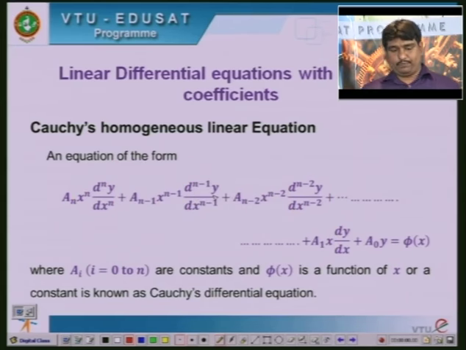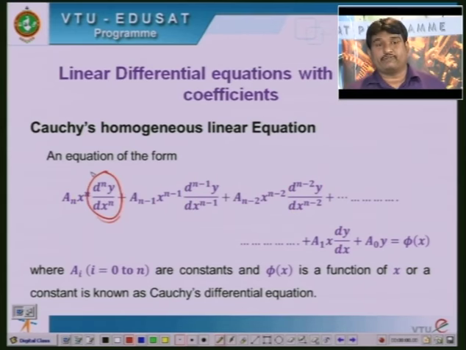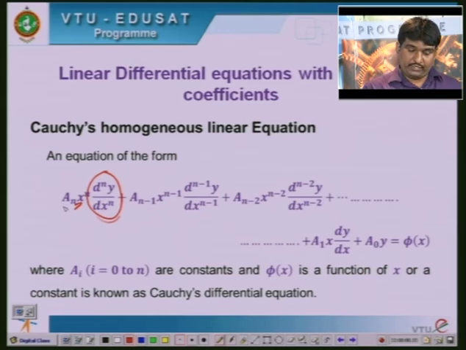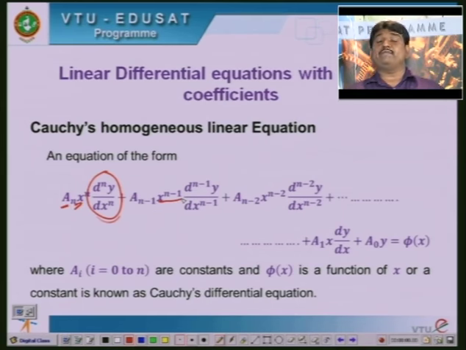It's a special type. You can see the coefficient of the nth derivative, d^n y by dx^n, is x to the power of n preceded by some constant a_n. The coefficient of the n minus 1th derivative is x to the power of n minus 1, the coefficient of the n minus 2 derivative is x to the power of n minus 2, so it follows a pattern.